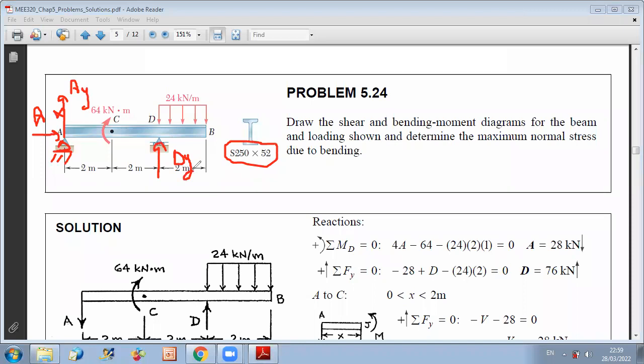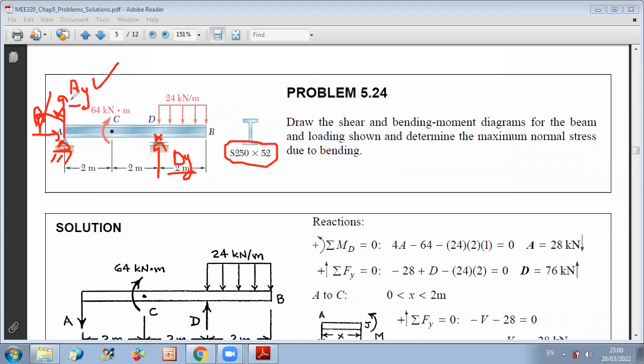So the first step will be to get your external reactions. There is no loading along x, so Ax is 0. Now, to get Ay and Dy, all you have to do is use two equilibrium equations. You can select either two moment equations, or one moment equation and one force equation. Whatever you do, you'll get the same result. If you use the sum of moments about D, you'll get Ay directly.